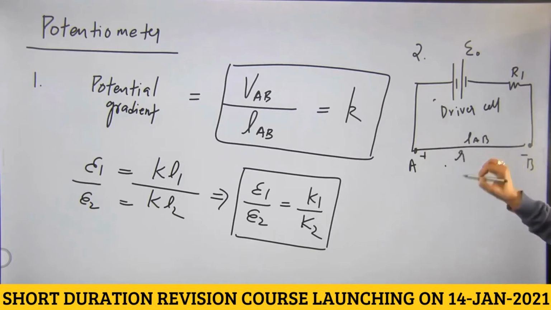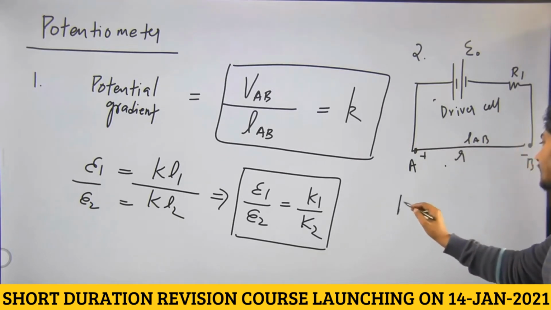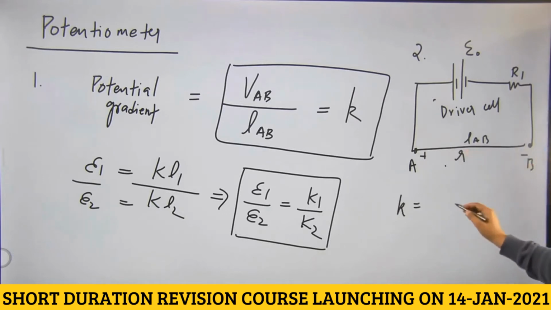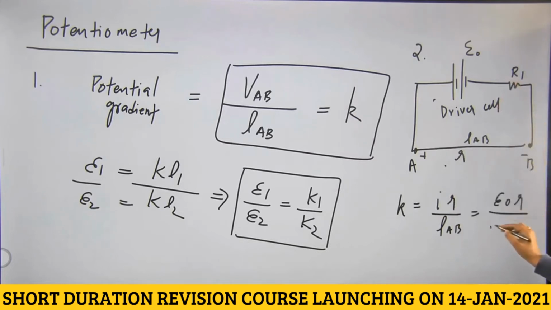Suppose the resistance of this wire is small r, so you can determine the potential gradient as V_AB upon L_AB. V_AB is nothing but I times small r, and I can be rewritten as E naught times R upon R plus R1, so K is that divided by L_AB. So this is how you can determine the potential gradient.